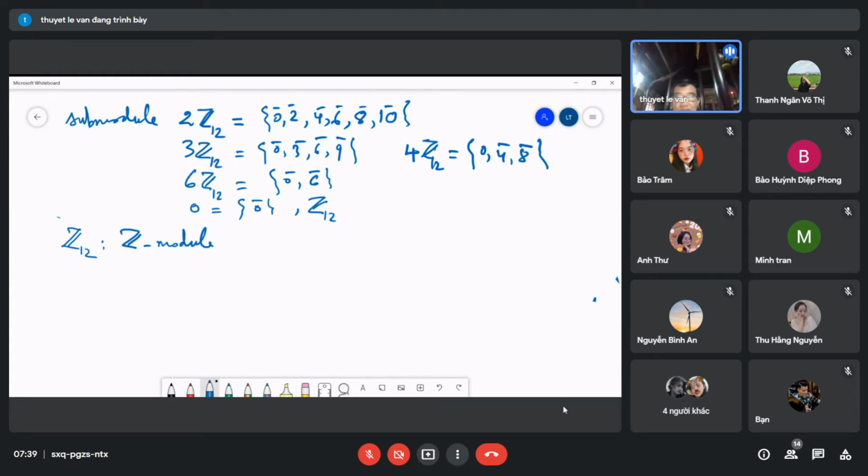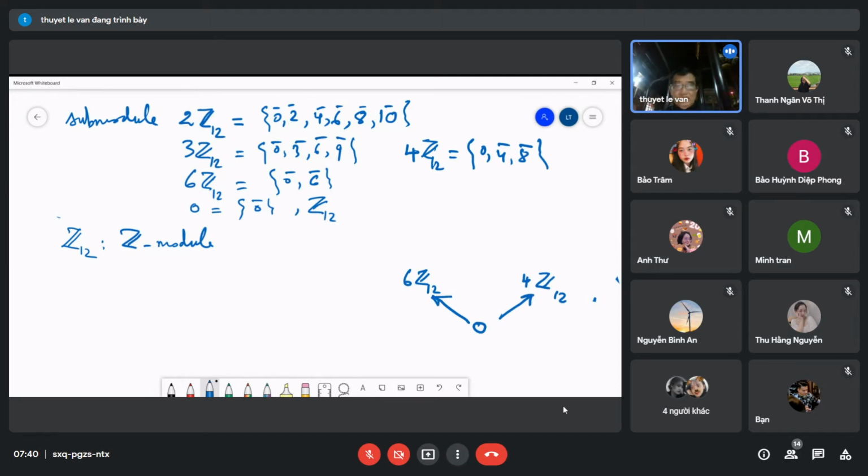So you can draw the diagram something like this. Here is 0, and then you can write here 6Z12, and here 4Z12. Okay, that is a submodule.